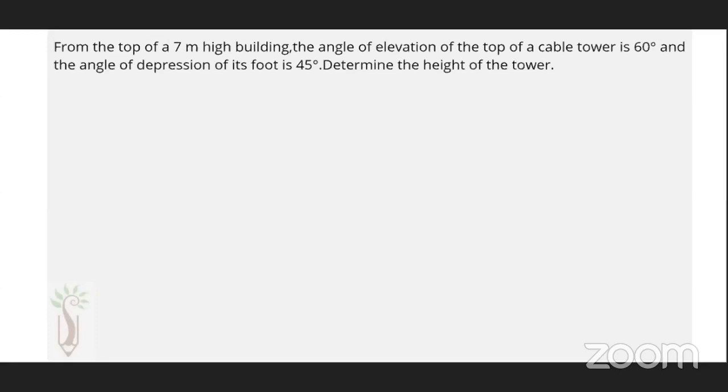Who didn't understand the question? Feel free to say yes or no, because this question has both angle of elevation and angle of depression.